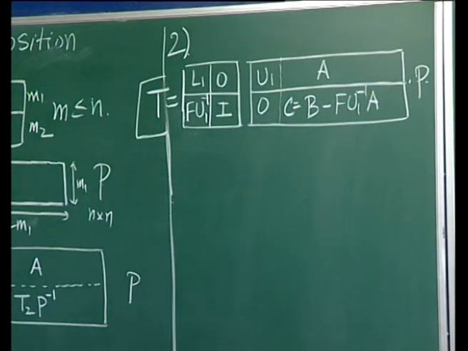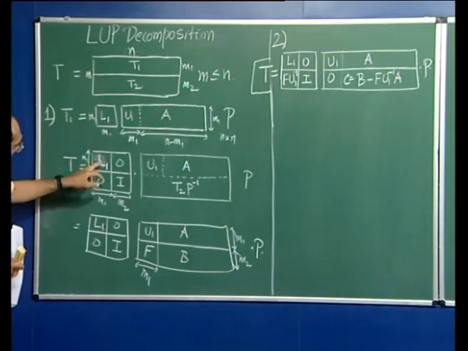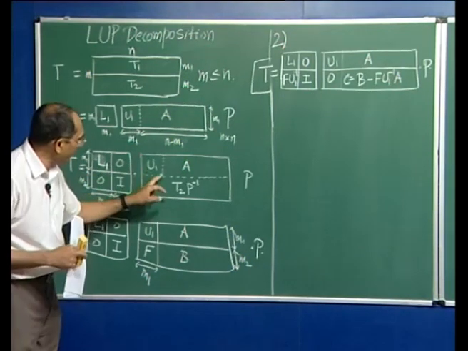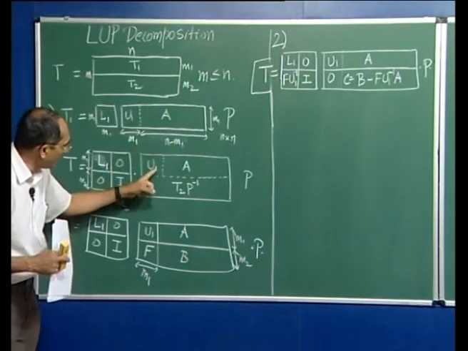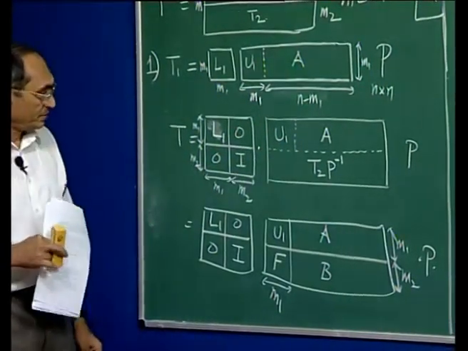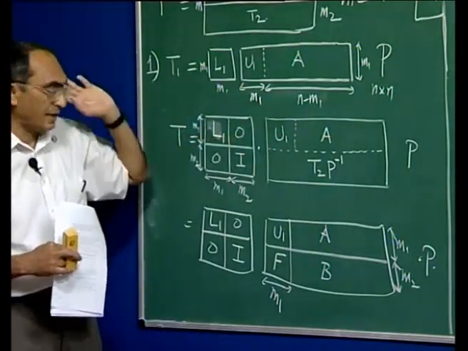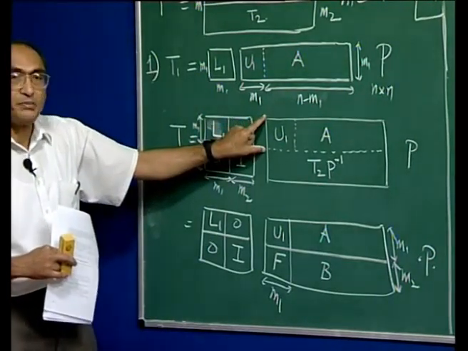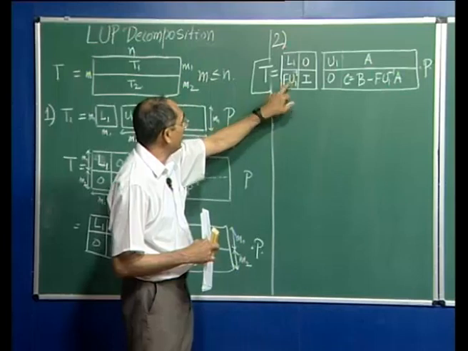Now we knew from our theorem and from the induction hypothesis that all the diagonal entries of L1 are non-zero, all the diagonal entries of U1 are non-zero. So, first thing is, since diagonal entries of U1 are non-zero and this is an upper triangular matrix, from our last lecture we know that such a matrix has an inverse, and we can compute that in the same time as matrix multiplication of size M1 by M1, and hence this step is valid, computation of U1 inverse.